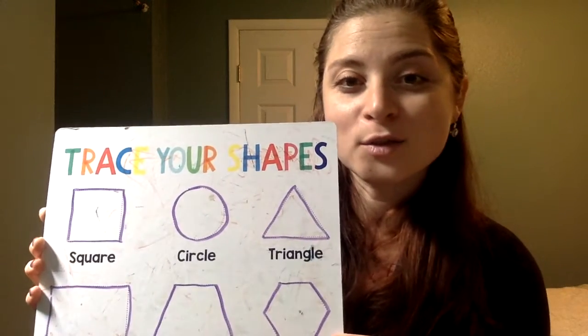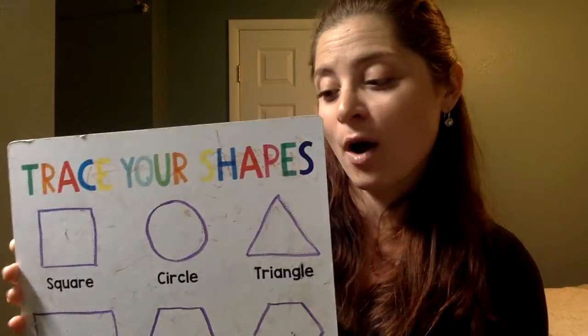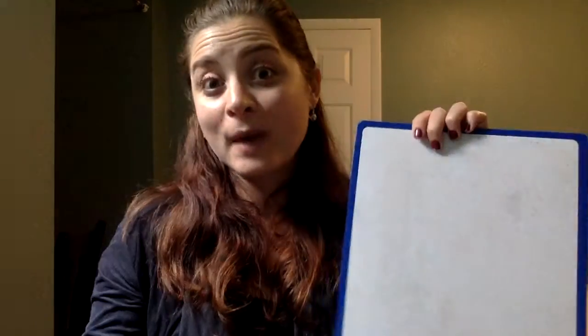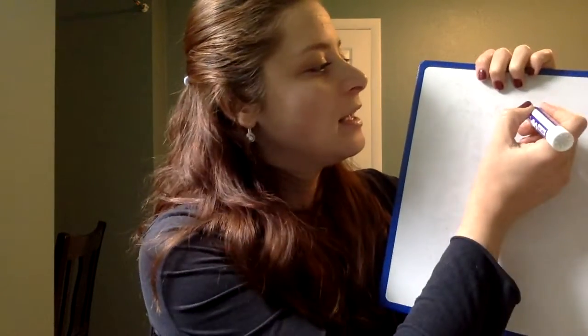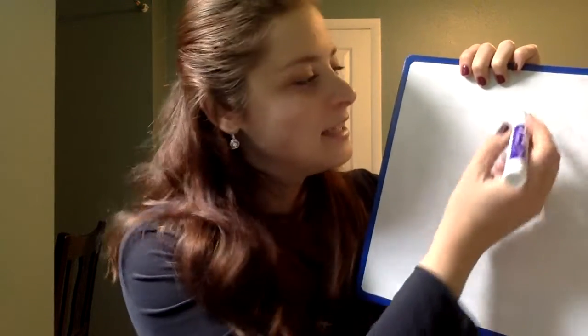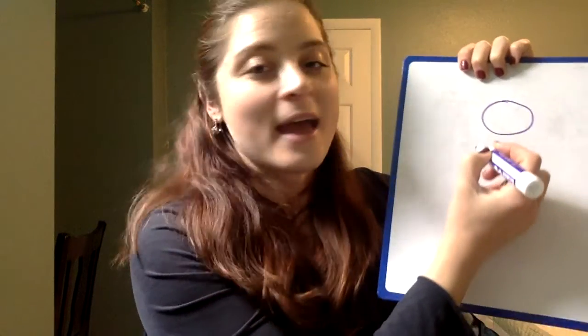Another thing I like to do is use these shapes to draw pictures. So maybe very simple, like a person, right? It could be kind of like a block person. So we can draw a circle for the head.